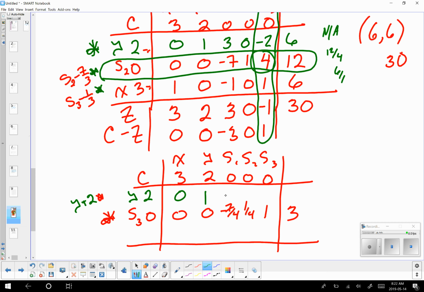So that's 3.5. So that leaves this minus a half. And then 0 plus 2 times this, and minus 2 plus 2 is 0, and 6 plus 2 times 3 is 12. And the other one is a 1, so it's just going to be a straight subtraction.